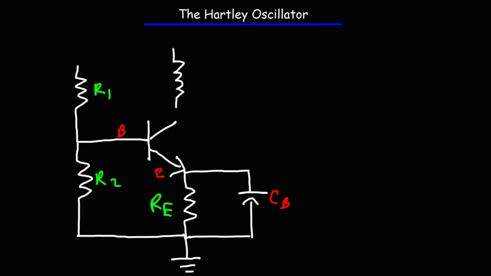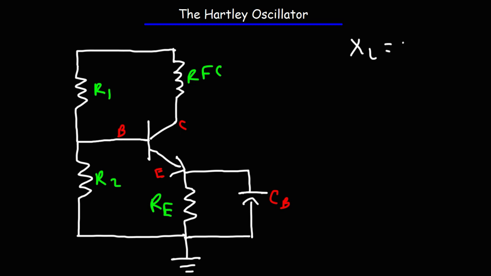Now you could use a collector resistor, RC, or you could use a radio frequency choke, which we'll call RFC. The purpose of the radio frequency choke is to allow DC current to flow through into the collector of the NPN transistor, but provide high reactance to high frequency signals, thus increasing the overall voltage gain.